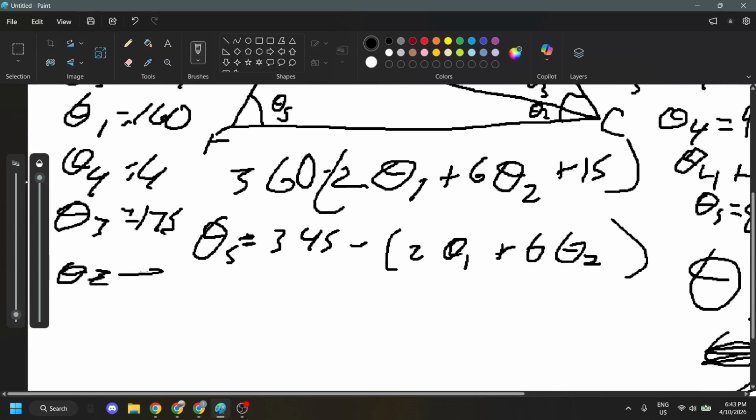So theta 2 is equal to 44. Theta 4 is equal to 176.